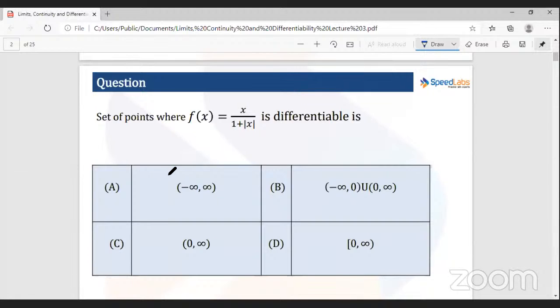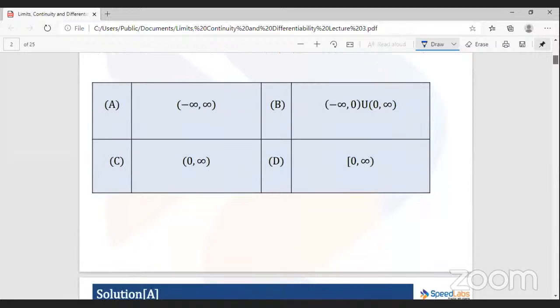See, on looking at the options here, one thing is clear that 0 is the key factor. Here 0 is not included, here 0 is included, here it is given 0 to infinity, here it is minus infinity to 0, union 0 to infinity. So first, let's check differentiability at the point 0.